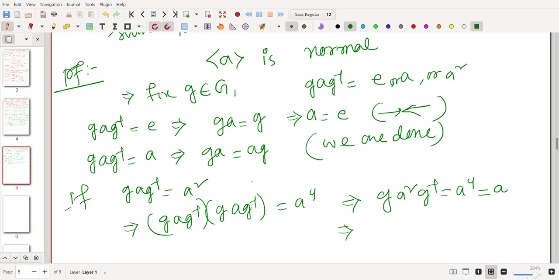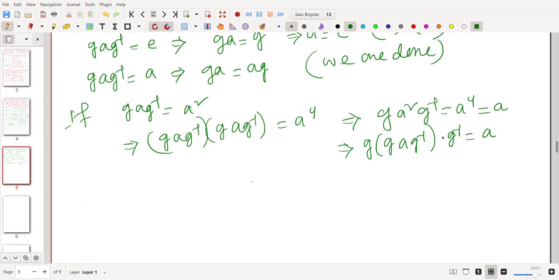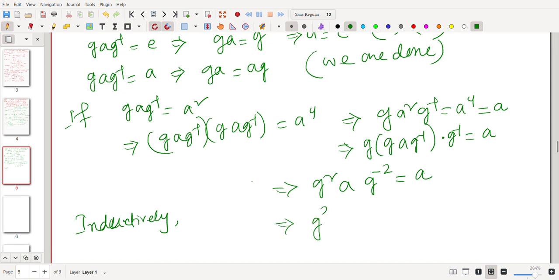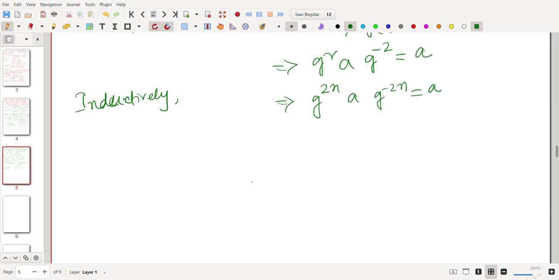Again, if I put A square equal to g A g inverse, I will get g A g inverse times g inverse equal to A, which is the same as g square A g power minus 2 equal to A. Inductively, we get g power 2n A g power minus 2n equal to A. Now the order of g is odd.